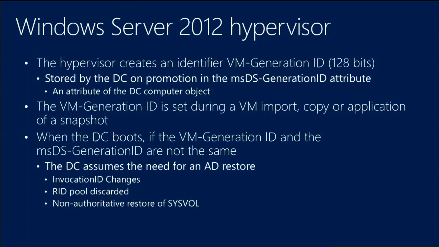And immediately, the DC assumes that it needs to do an AD restore. And in that restore, it changes its database invocation ID GUID. It deallocates the RID pool. But the one thing we need to consider here is it does a non-authoritative restore of sysvol. That's the one to remember.